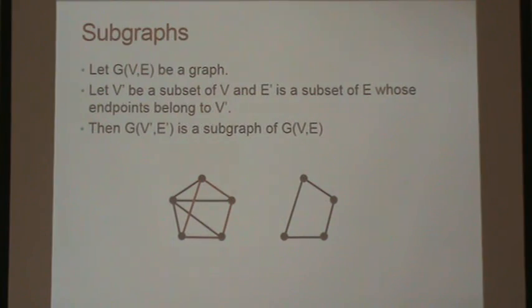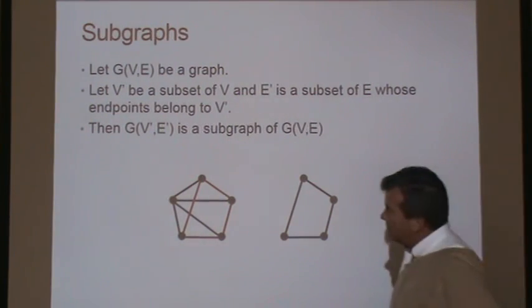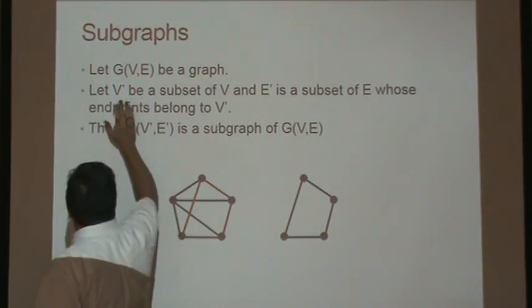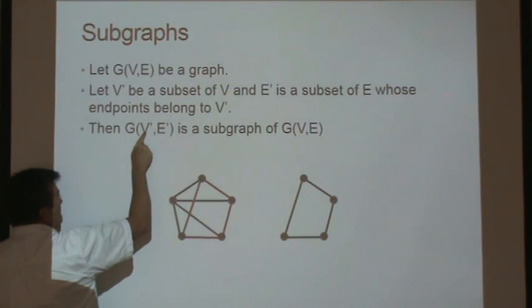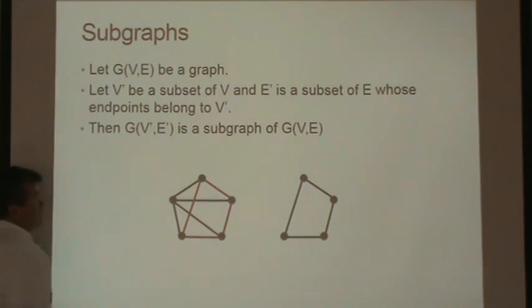Okay. Once we have a graph, we'll typically label it using the letter G and say it's made up of two components, the set of vertices and the set of edges. The idea of a subgraph would be if we were to take a subset of the vertices and or a subset of the edges to create a graph from the original graph.